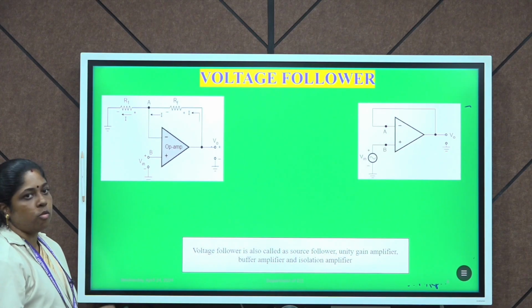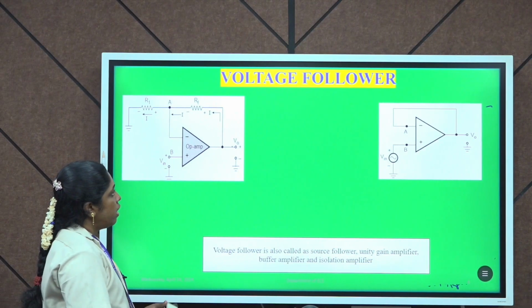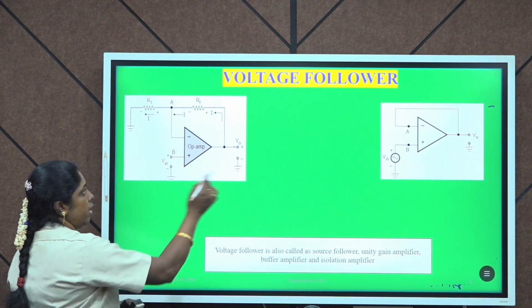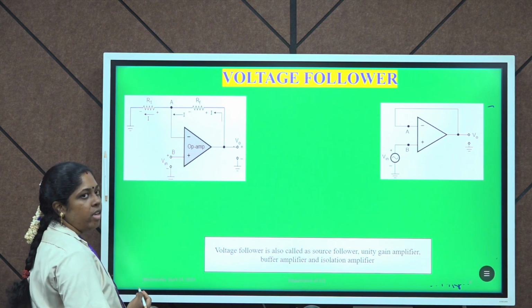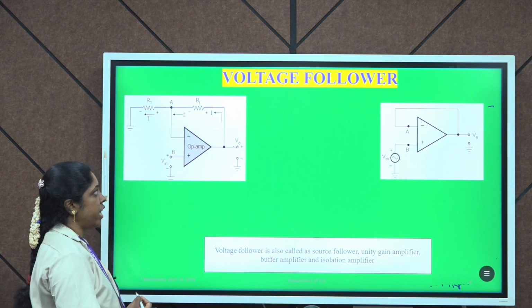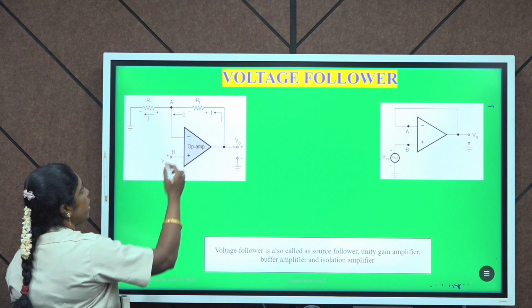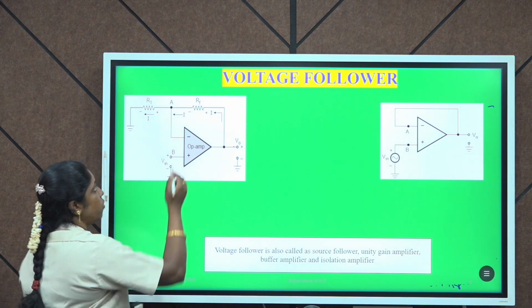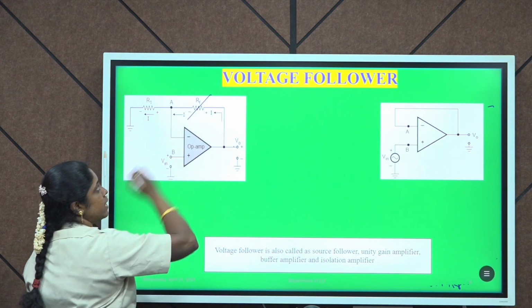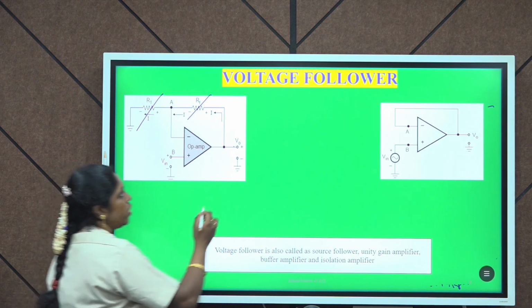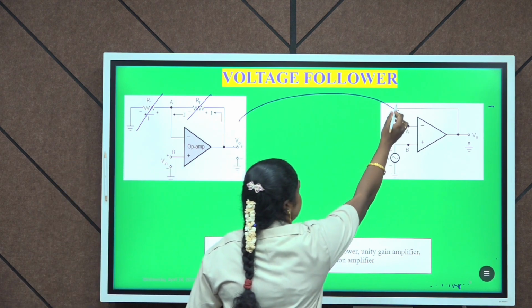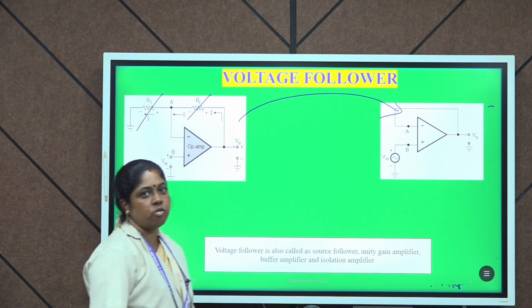Next we will see about the voltage follower. We can explain this voltage follower by considering the non-inverting operational amplifier configuration. In the non-inverting operational amplifier, when we consider RF as well as R1 equal to 0, we get this circuit, which is a voltage follower.